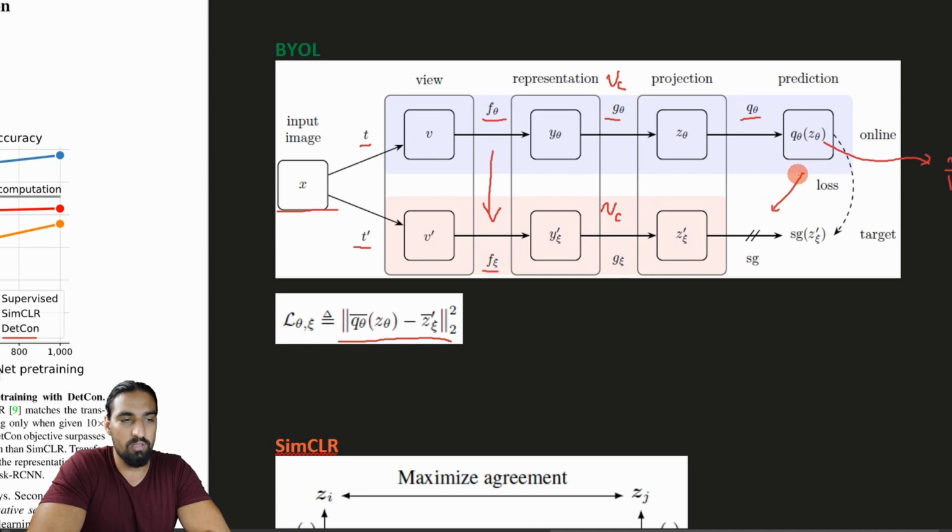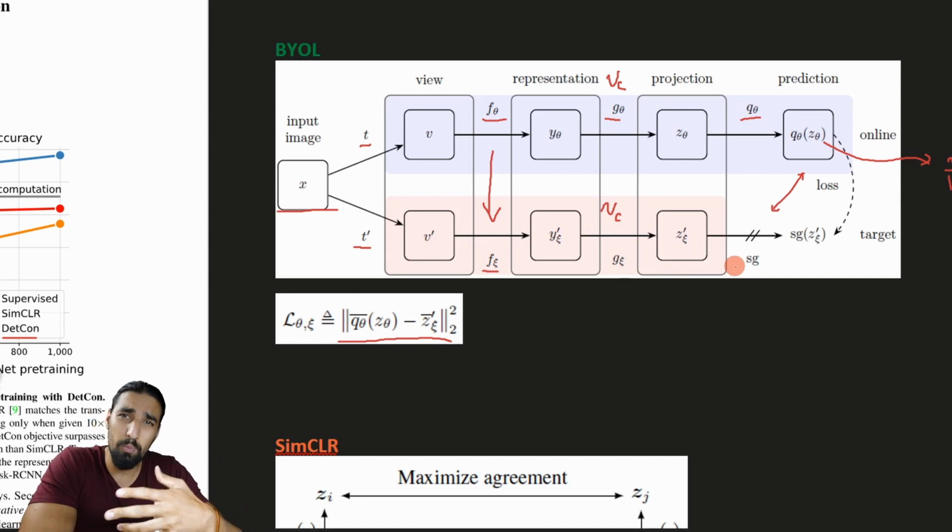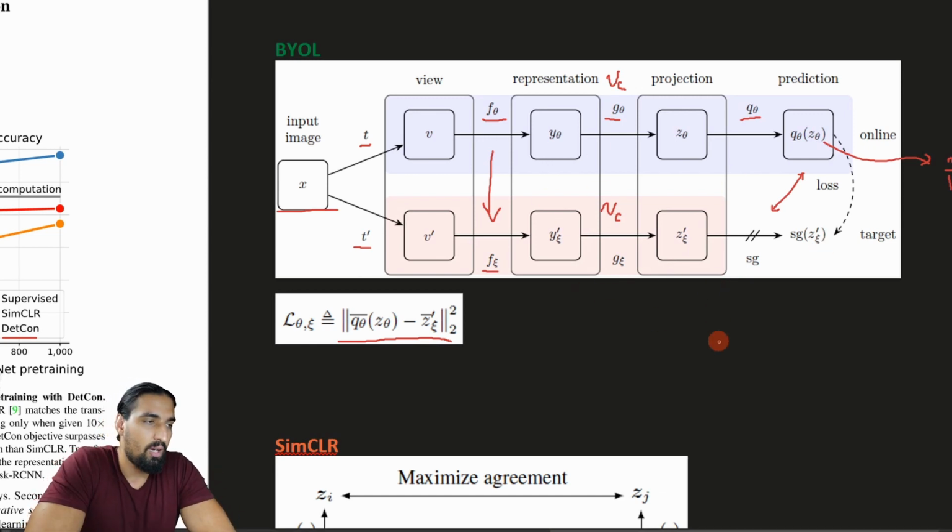That means the loss is approaching zero without you learning any interesting representations. BYOL avoided this collapse, and back then when the paper came out they didn't have a super strong theoretical understanding of why that is, but some recent paper explained this a bit better. I forgot the name of the paper.